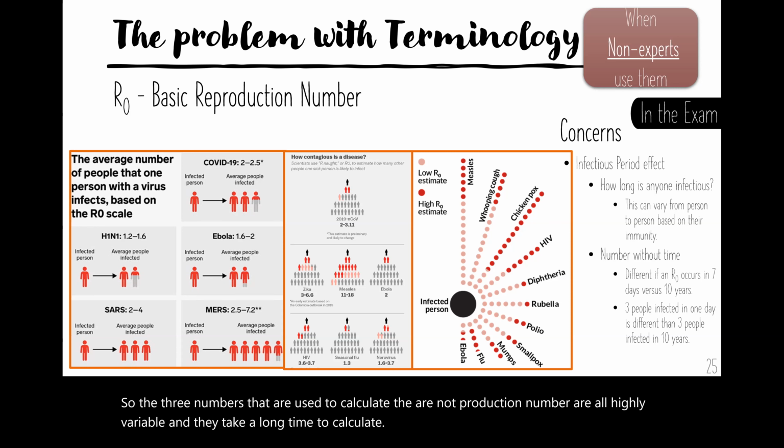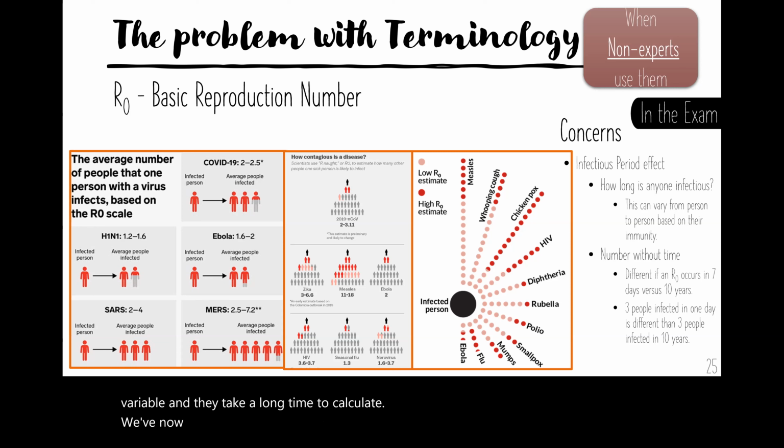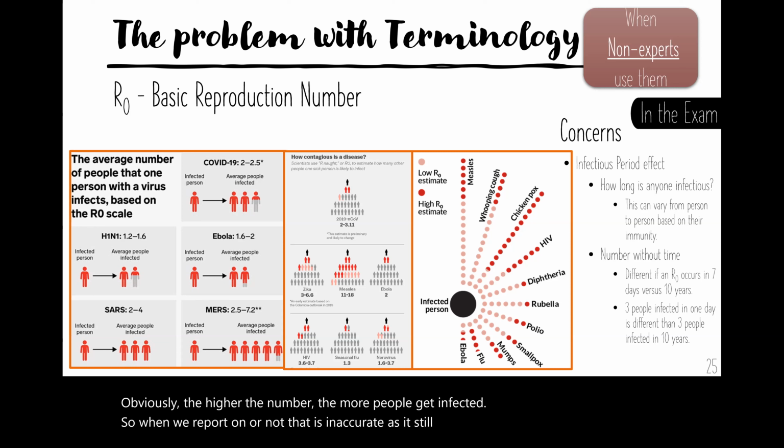We've now had a good, say, solid 5 to 6 months to calculate this, and it's not enough information. So why are we giving out people R0 numbers? Obviously, the higher the number, the more people get infected. So when we report an R0 that is inaccurate, as it still is, people are going to freak out.